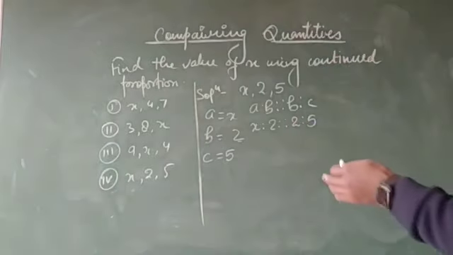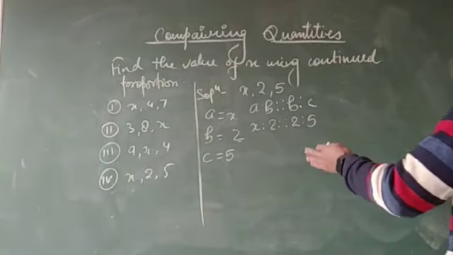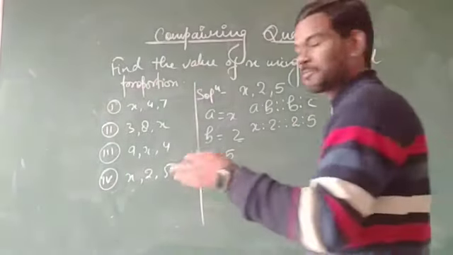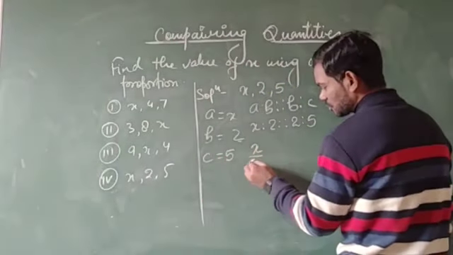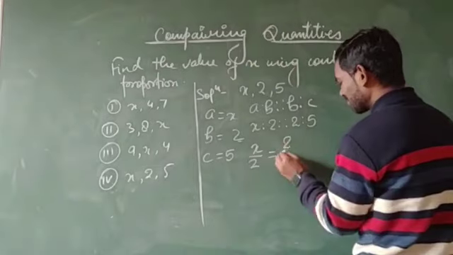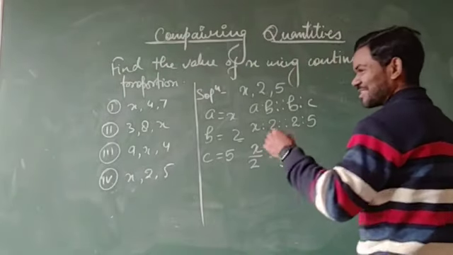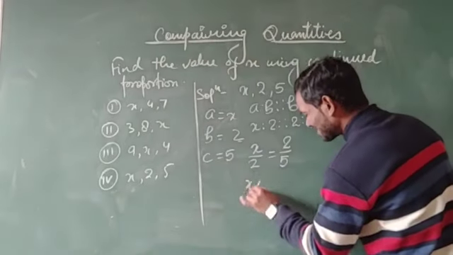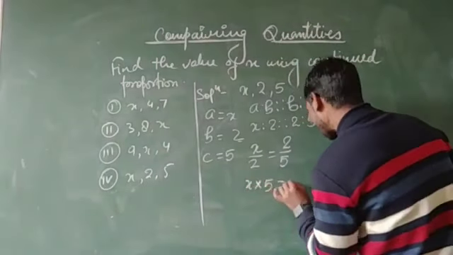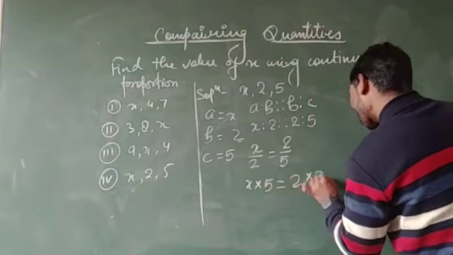Since these two ratios are in proportion, their fractional forms will be equal. So we can write x upon 2 is equal to 2 upon 5. Now by the cross multiplication we get x into 5 is equal to 2 into 2.